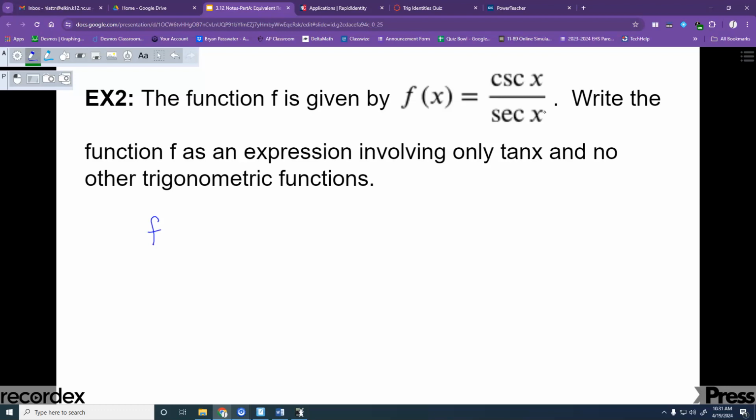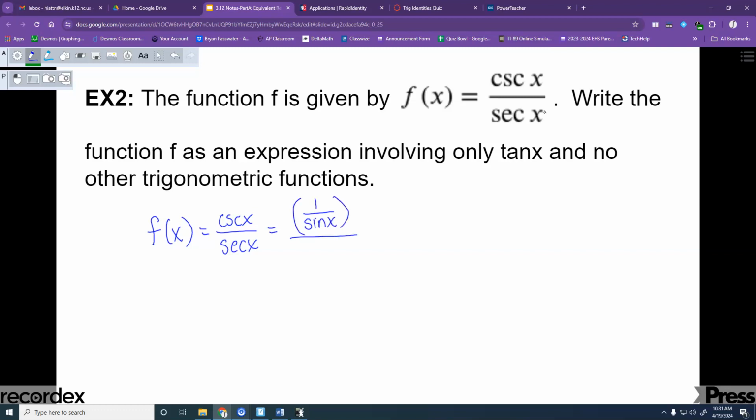and when you do this, you need to show your work. You need to show every step that you do. So I've got cosecant x over secant x. What is the reciprocal identity for cosecant? 1 over sine of x.